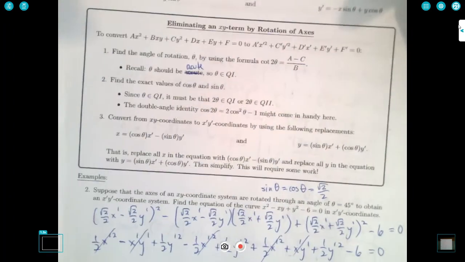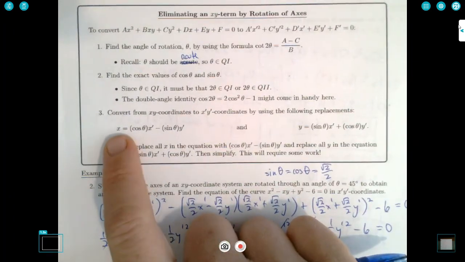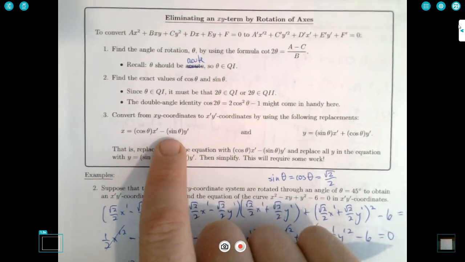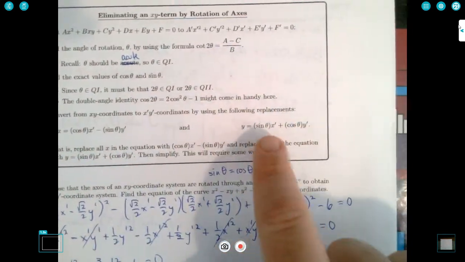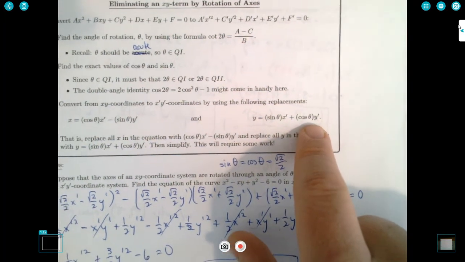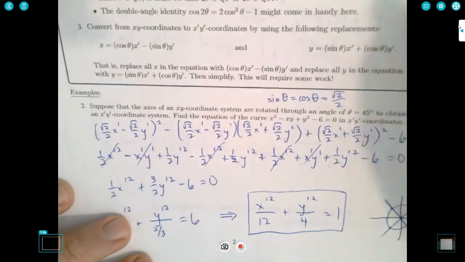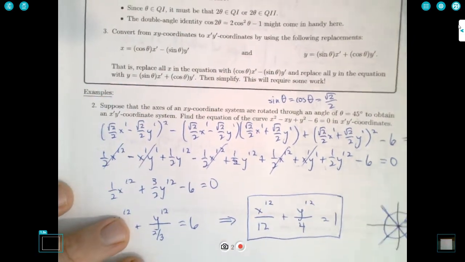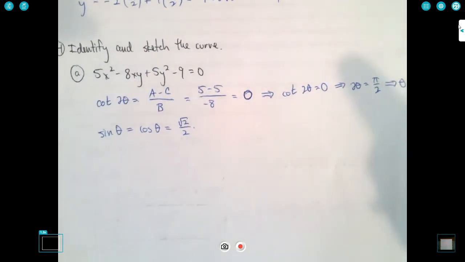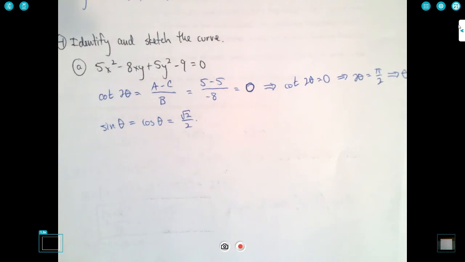Now we're going to go to our equation, and everywhere we see an x, we're going to replace it with root 2 over 2 x prime minus root 2 over 2 y prime. And everywhere we see a y, we're going to replace it with root 2 over 2 x prime plus root 2 over 2 y prime. I know we did a similar thing in number 2, so you might be thinking, well, it's always root 2 over 2. It's not. Theta could be something different from pi over 4, right? But anyway, so let's do it.